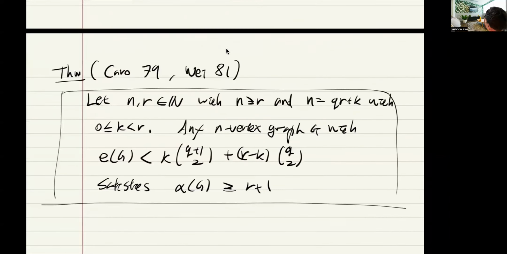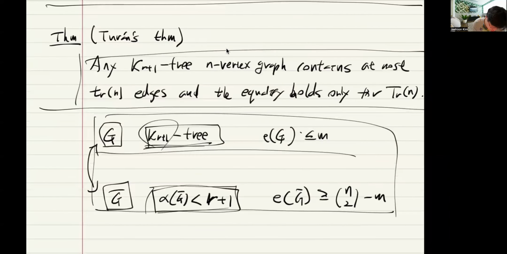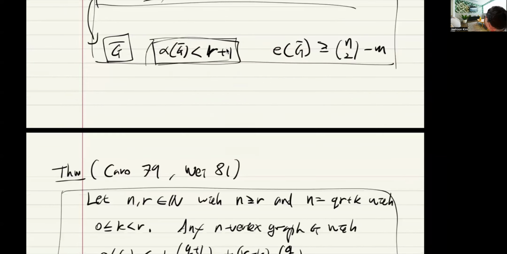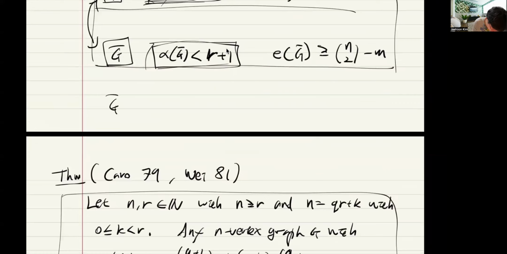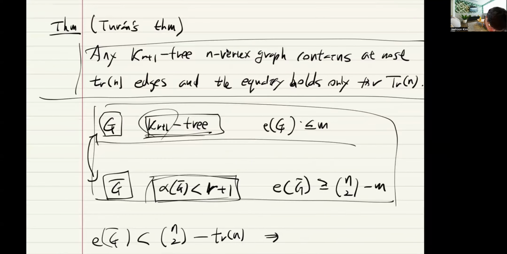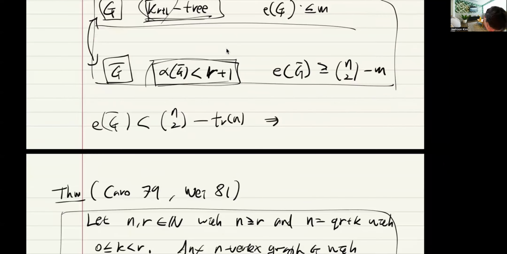And then if you take a complement of G, G has more than this many edges, then its complement has less than n choose 2 minus this many edges, which implies what? The conclusion is that the complement has an independent set of size r plus 1.